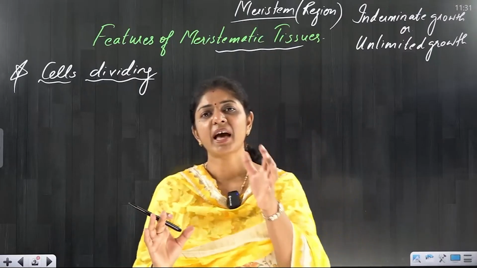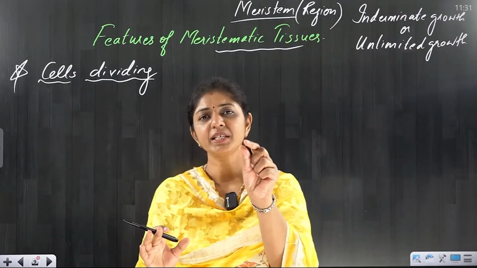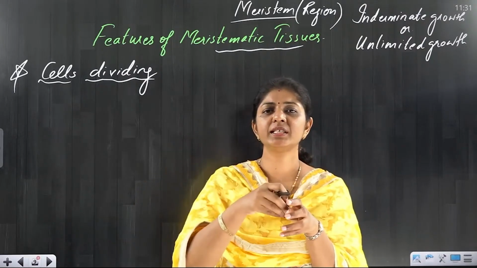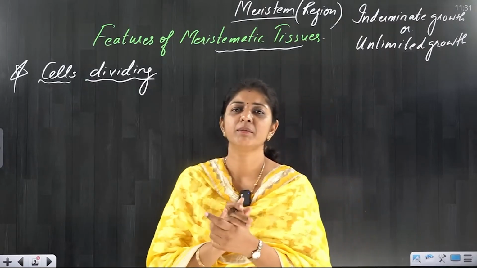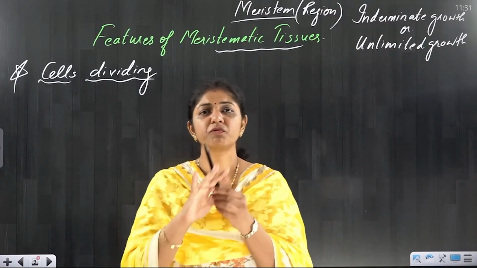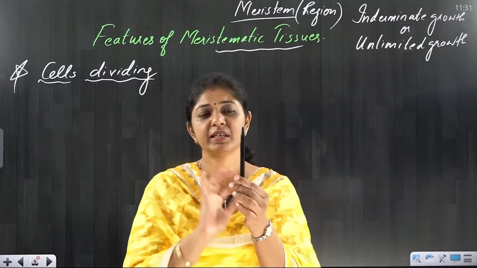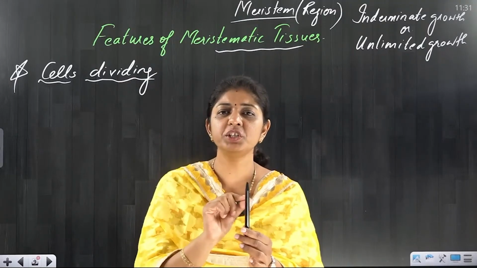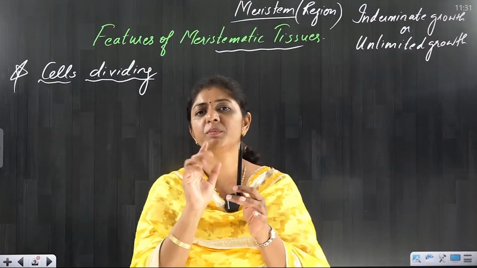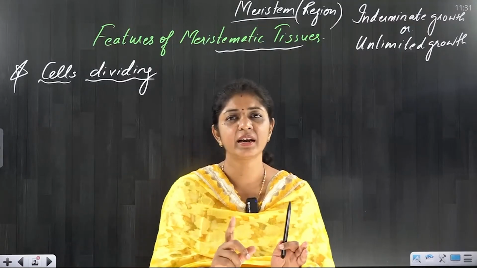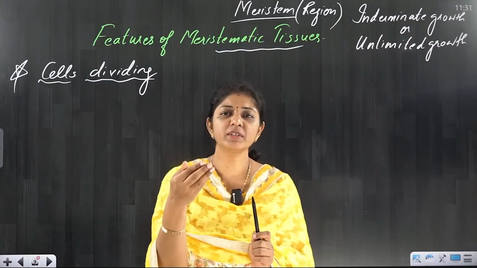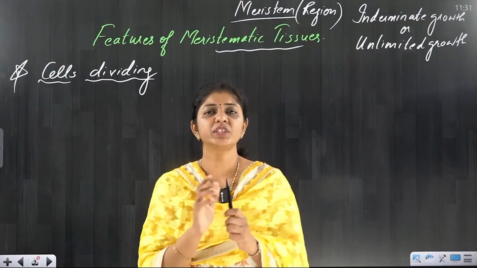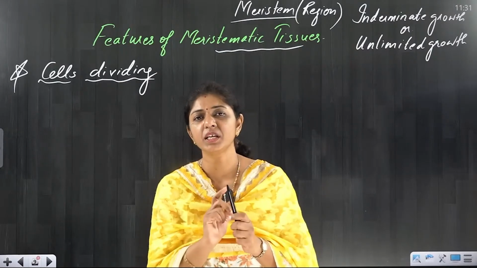In the same way, meristem is a region, a place in a plant where the dividing cells or meristematic cells are present, right? Because the full plant is not meristematic. Certain localized points, at particular positions, are meristematic.